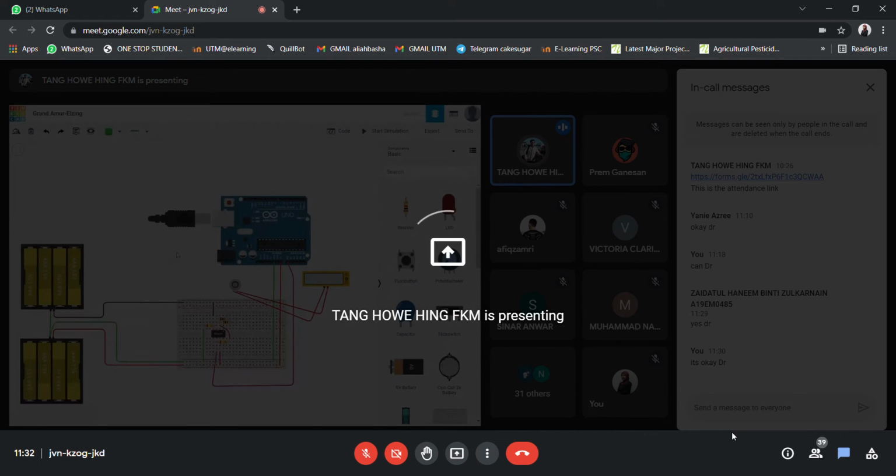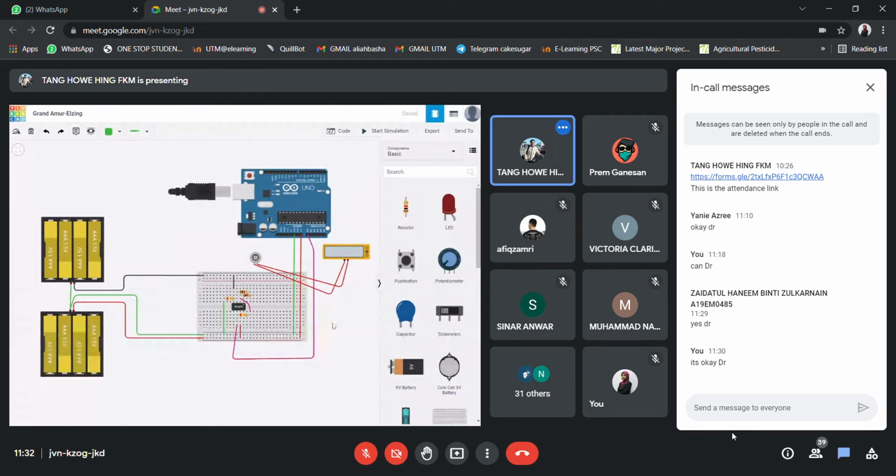Okay, could you see the Tinkercad? Yes, doctor.